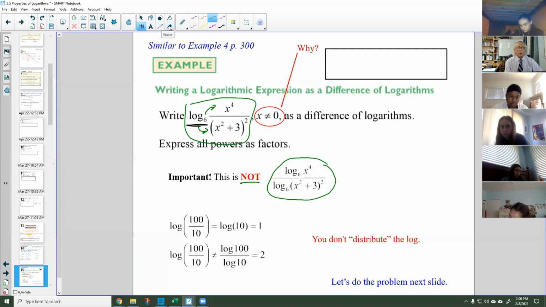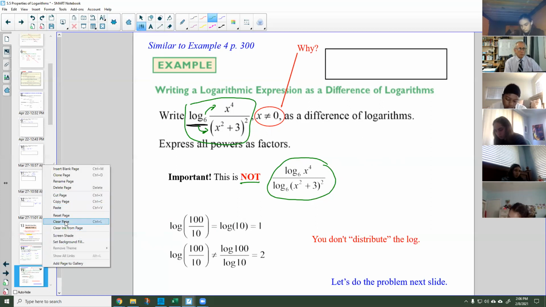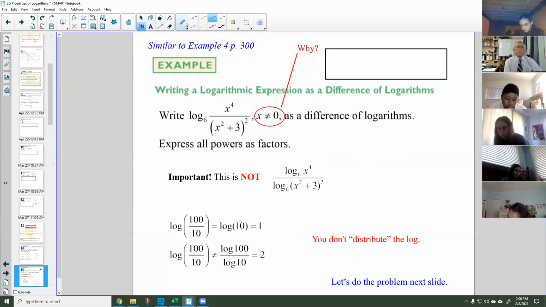So I know that log m divided by n is equal to log m minus log n.